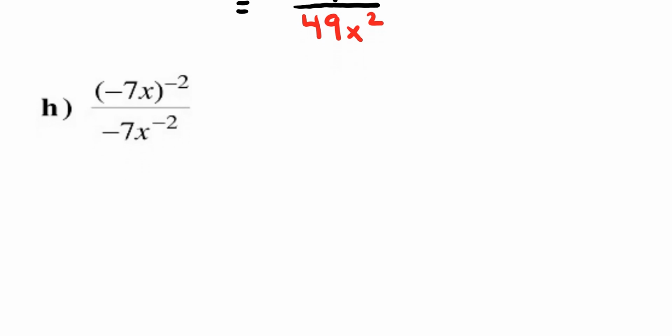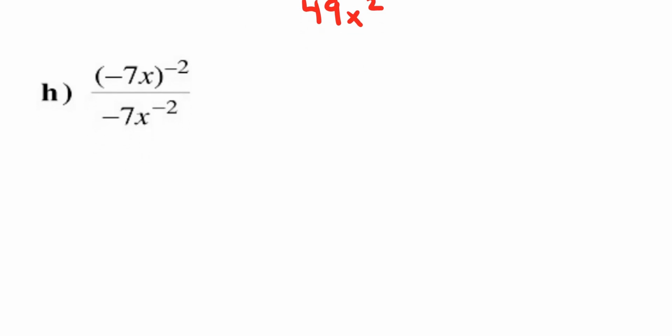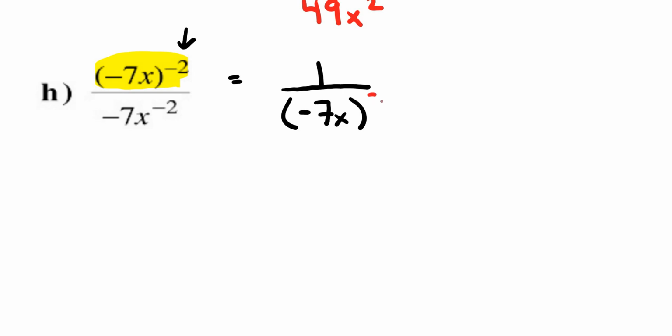Okay, let's move on to letter H here. Okay, so this is a good one here because there's a lot going on. Let's start dealing with the numerator first. Okay, so when I have that, with this negative power here, this -2, I can write this as 1 over -7x all to the power of +2.